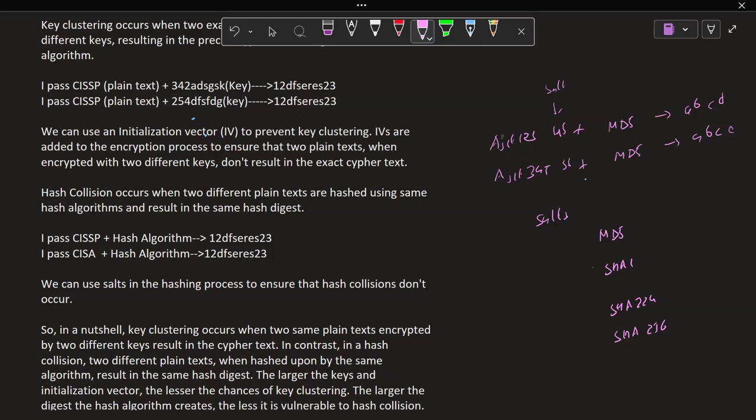When two different plain texts are hashed by the same algorithm and result in the same digest. This is called hash collision, and you can reduce the chances of it by adding salts. Salts are random numbers added to the hashing process to make it more random to avoid the chances of hash collision. Remember, the larger the length of digest an algorithm produces, the less vulnerable it is to hash collision.